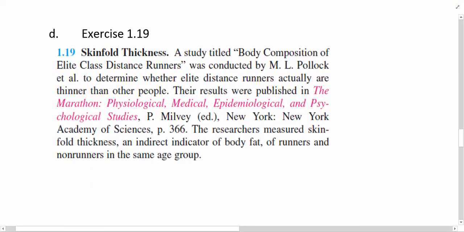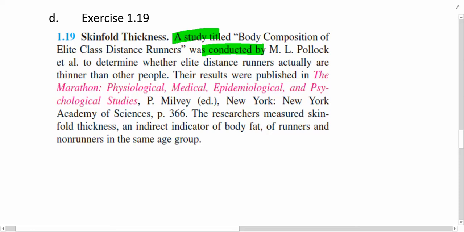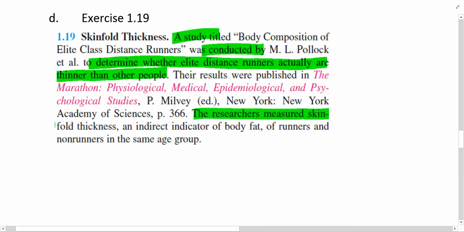So here's an example from exercise 1.19. In this example, we're told that a study was conducted to determine whether elite distance runners are actually thinner than other people. And the researchers in this group measured skin fold thickness, which is an indirect indicator of body fat.